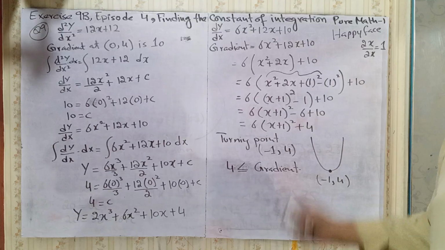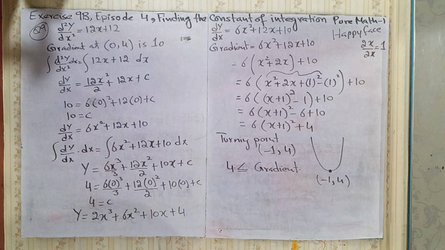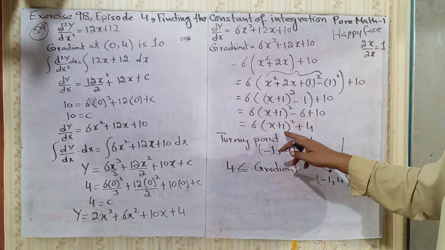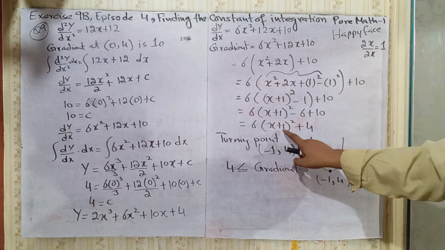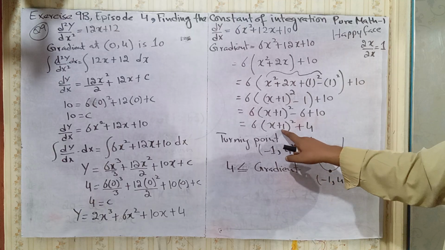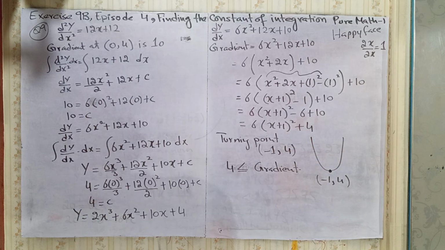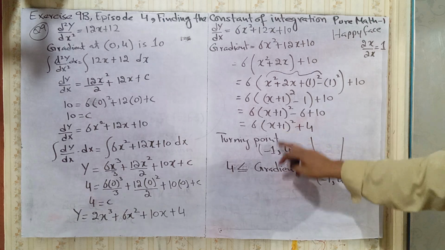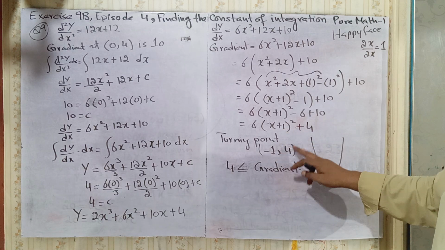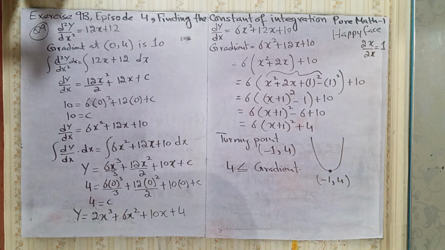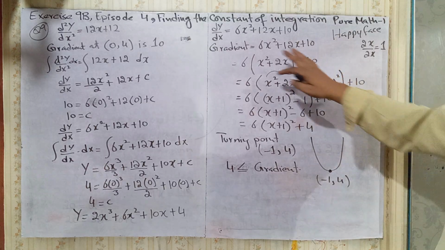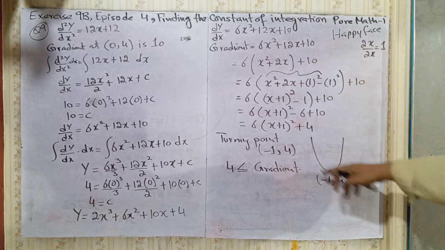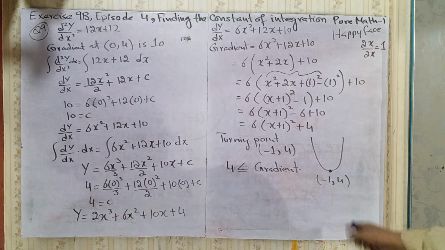We have done completing the square: when you represent the quadratic expression in this form, you take this number and change its sign, and that represents the x of the turning point, and this number is taken as it is, and that represents the y of the turning point. This is basically a happy face, so the shape will be like this, and this is the turning point and the minimum point.